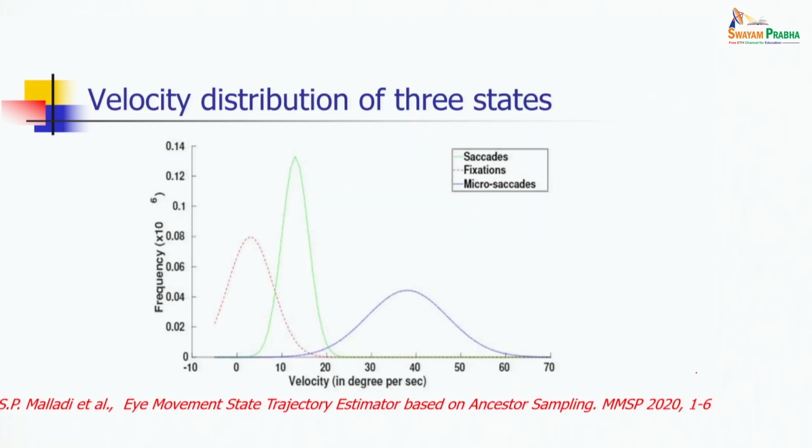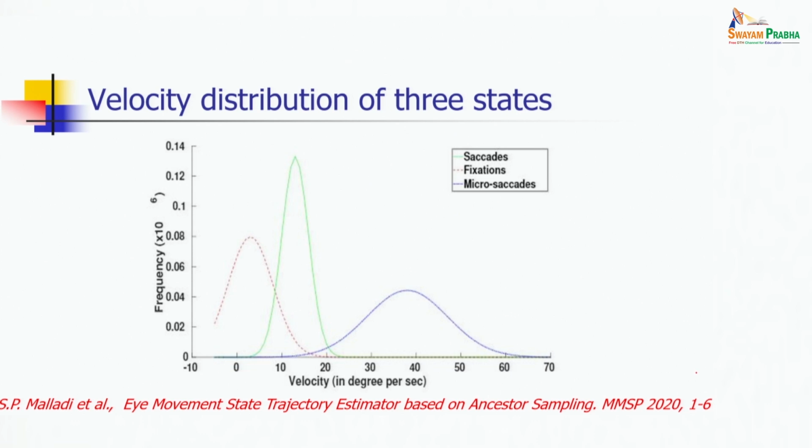This is one interesting statistic that I would like to share with you. Here, in our laboratory, we ran these experiments with an eye tracking device, and by analyzing, we observed the velocities of these three zones: the distribution of the three states of saccades, fixation, and microsaccades.